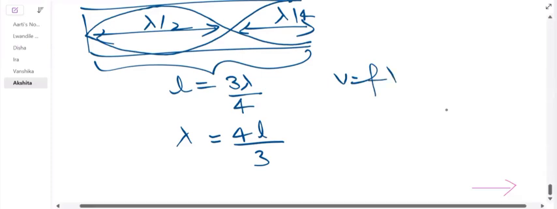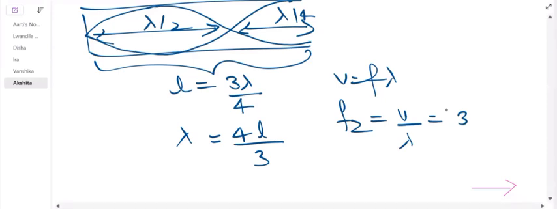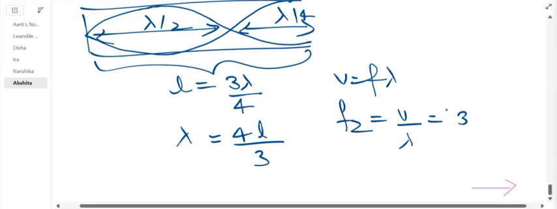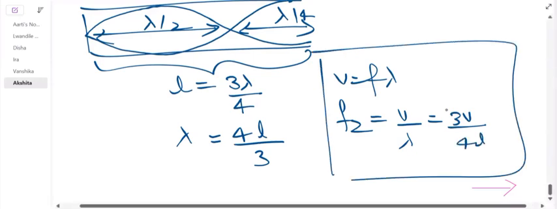So V equals to F lambda. So my second harmonic will be V over lambda, nothing but 3V over 4L. Check. Is it correct? Okay.